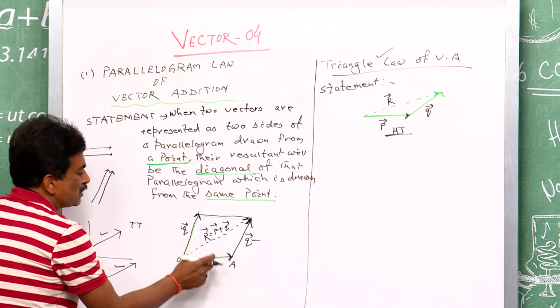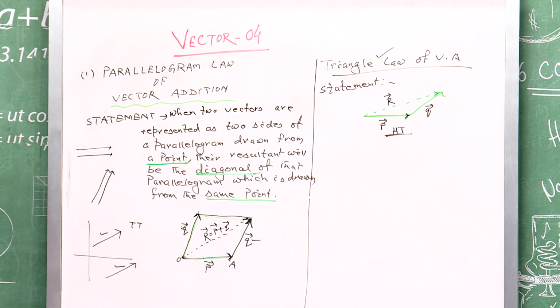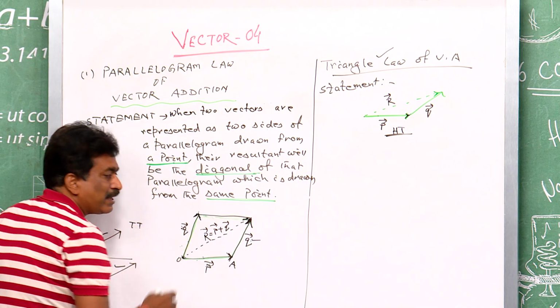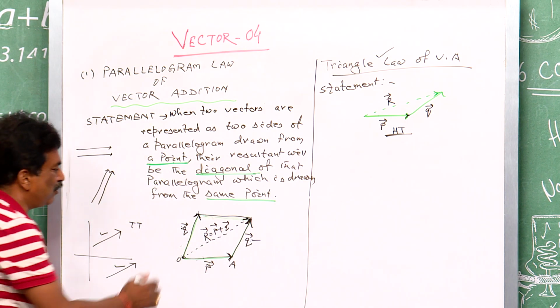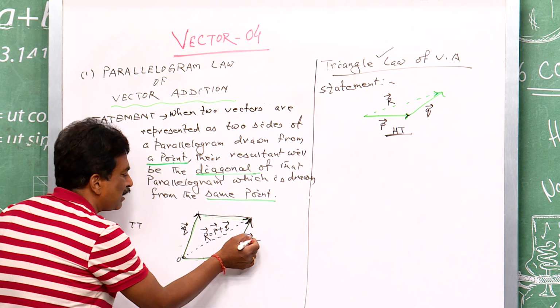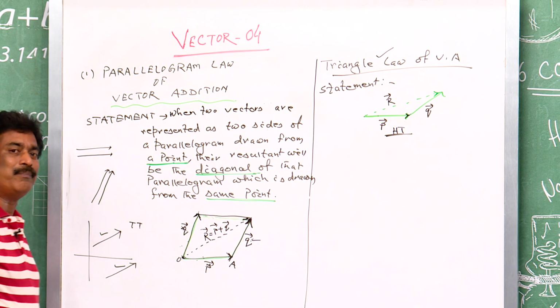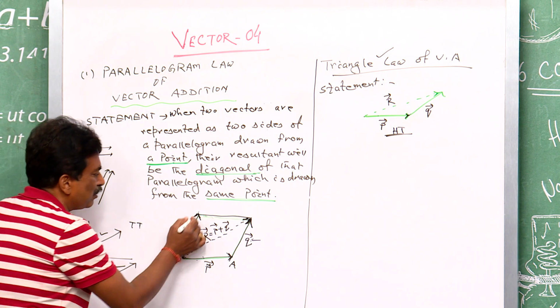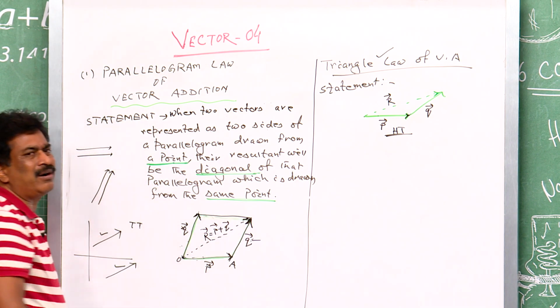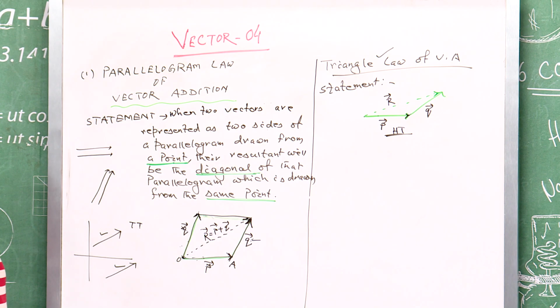So, this P plus Q is nothing but this P plus Q. So, this P plus Q looks like a triangle. So, the resultant of these two vectors and the resultant of these two vectors must be the same. Therefore, the parallelogram law and the triangle law are similar.